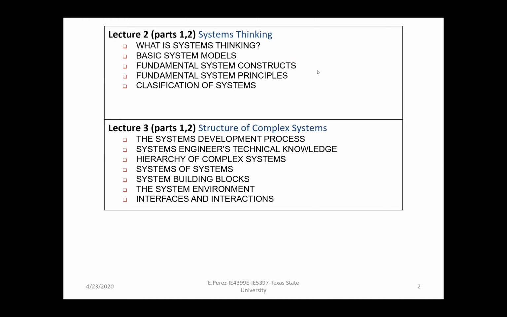The fundamental system constructs, fundamental system principles, and the classification of systems. And then we transition into the structure of complex systems, which involves the system development process, systems engineering, technical knowledge, the hierarchy that I just mentioned, what is systems of systems? What does that mean? The interfaces and interactions, which are part of the system environment.